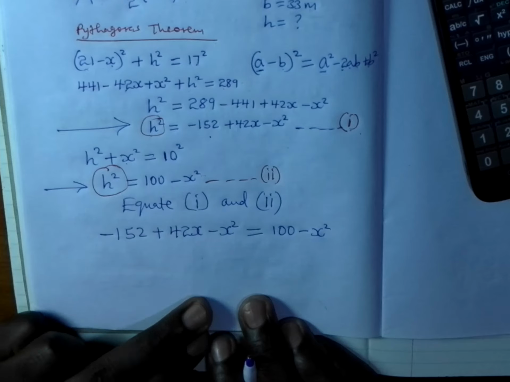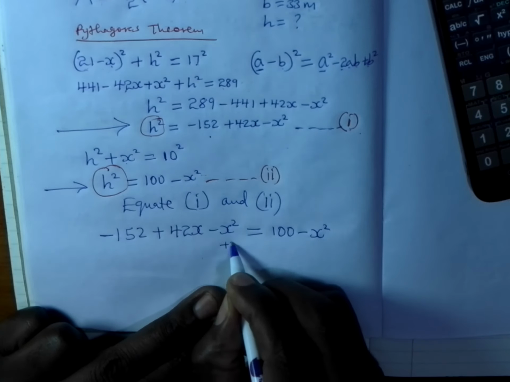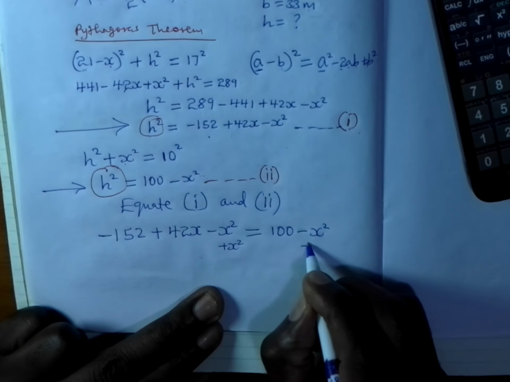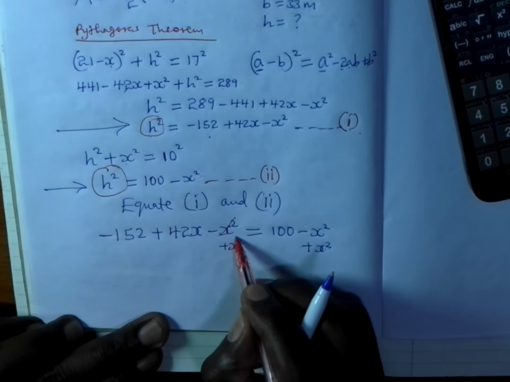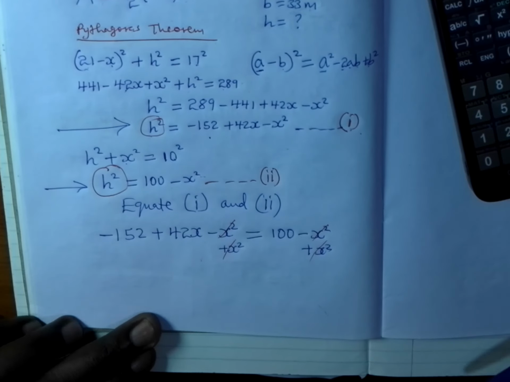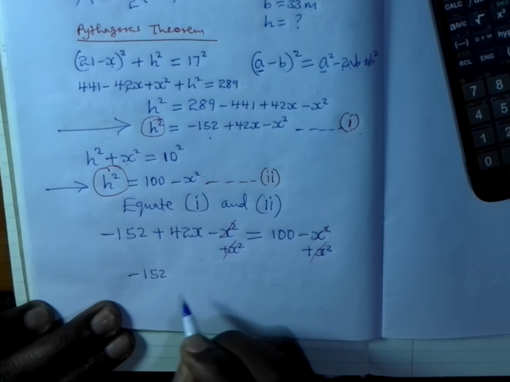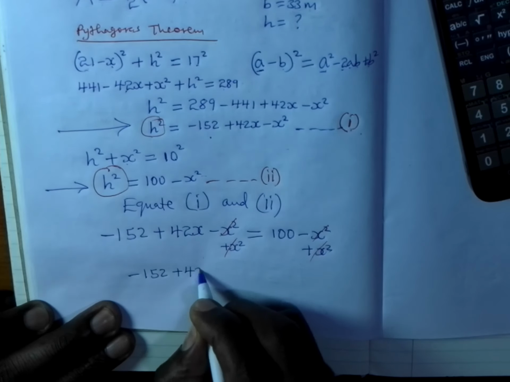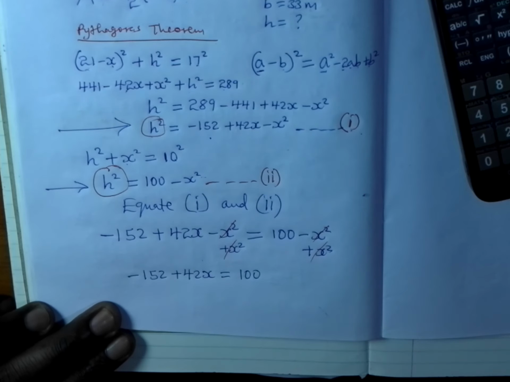In this case, we can add x squared on both sides, so that x squared is eliminated, and therefore we have minus 152 plus 42x is equal to 100.